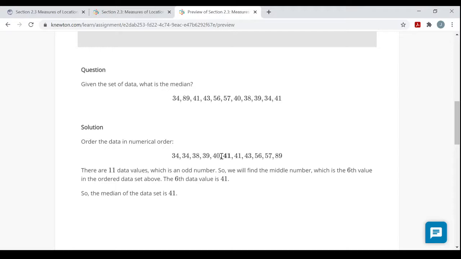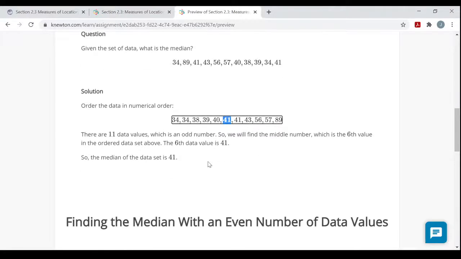It cuts the set in half. You see how it's 41 here, with 5 below and 5 above. So the median, when there are an odd number of data values, is just the value in the middle. The median of this set is 41.